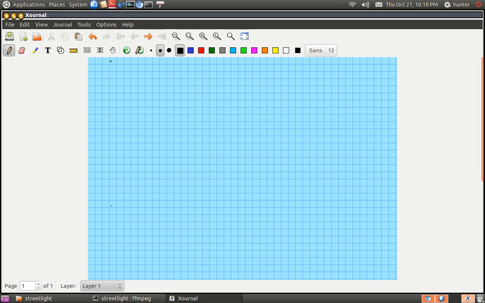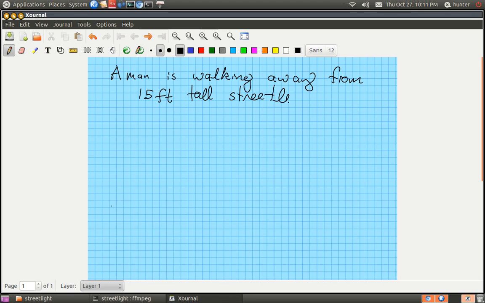So the question is this: a man is walking away from a streetlight, and it is a 15-foot tall streetlight. This is a related rates question, by the way. So here is the street light.